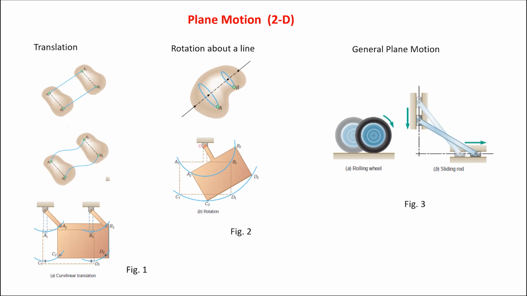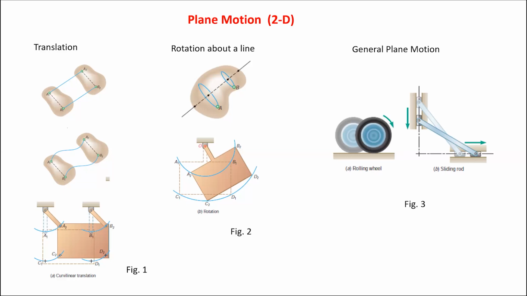The top one is going from A1 to A2 in a straight line, and all the other particles follow, not parallel, but congruent paths.